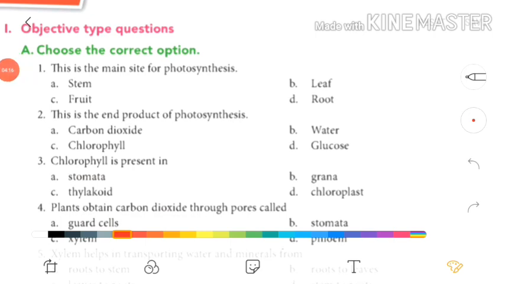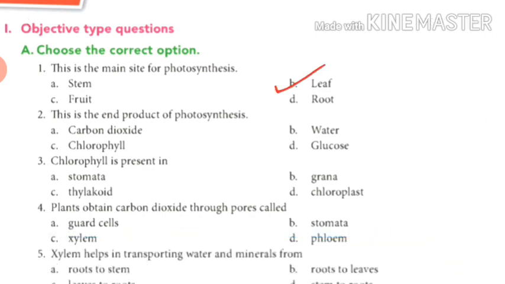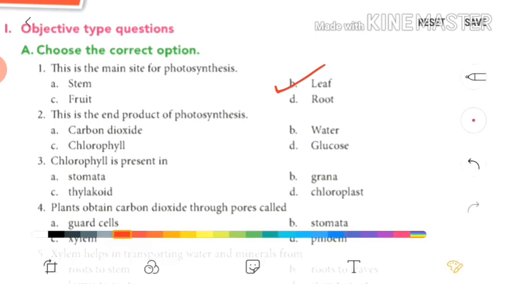Now take out exercise. MCQ number 1. This is the main site for photosynthesis, so the answer is leaf because leaf is the main site. Second, this is the end product of photosynthesis.